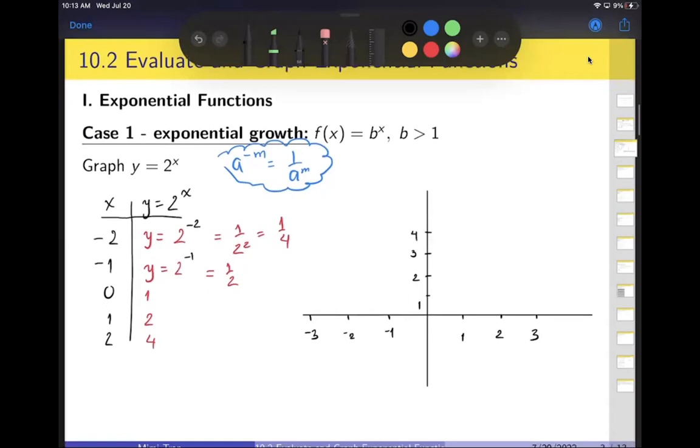Okay, when x equals -2, y equals 1/4, so it's right here, roughly. When x equals -1, y equals 1/2, a little bit higher.